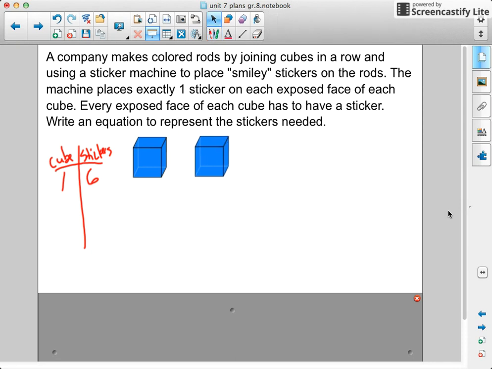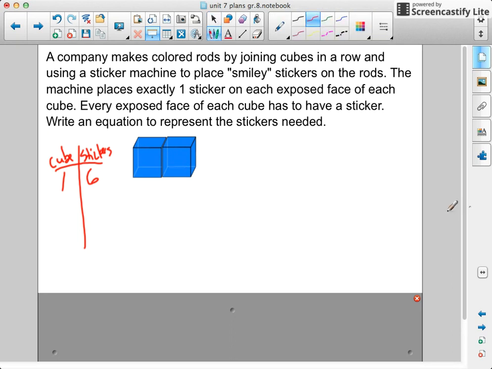Okay, now if I put 2 cubes together, the exposed sides are 10. So there's 10 stickers. Okay, my third cube would have 14. So I'm actually increasing by 4. I'm adding 4 each time. So for every extra cube, I'm going to times it by 4.